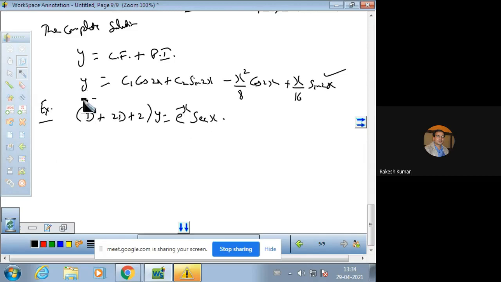Now, the question is already in terms of the D operator, and D is the differential operator d/dx. So you can write down the auxiliary equation here.